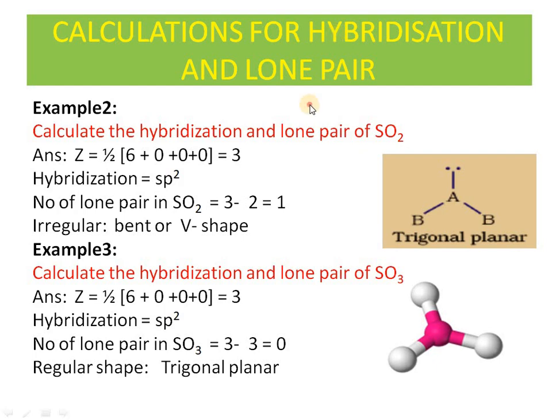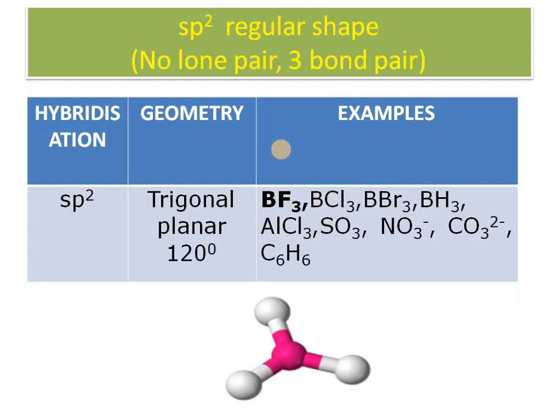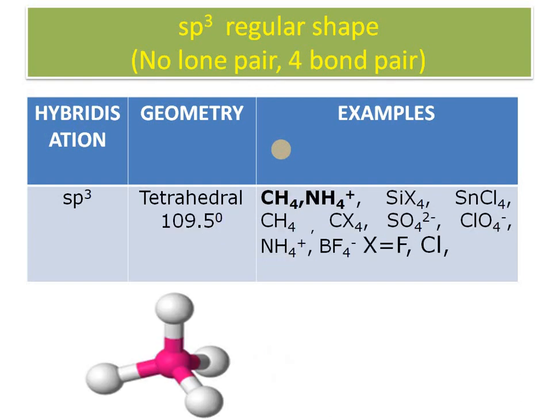So the shape is regular trigonal planar. Now moving forward, these are the shapes. If regular geometry is there, the shape is linear; these are the examples. I would say you should fully check all the compounds with the particular hybridization, then your grip on the hybridization will improve. Similarly, sp2 is trigonal planar with 120 degree angle, so 360 divided by 3 is 120.